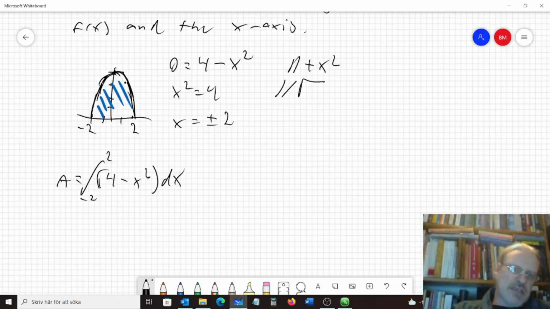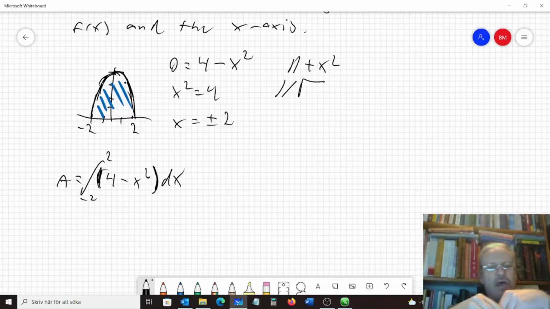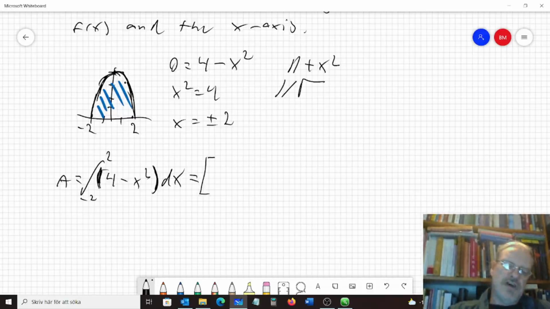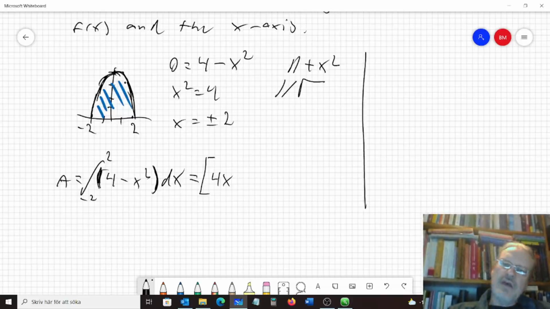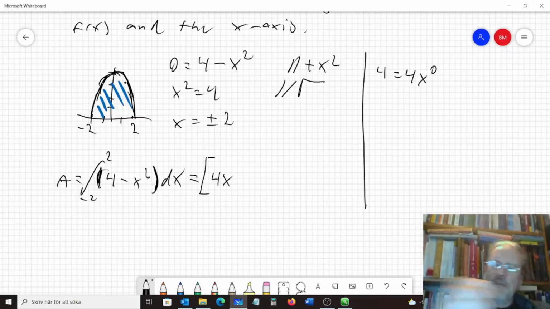Observe the brackets I have here and here, because that is the whole thing that we should integrate. Next, we need to find the antiderivative of our function. And 4 to start with gives us 4x. We can think about this in two ways. We can think that 4 is the same thing as 4 times x to the power of 0.